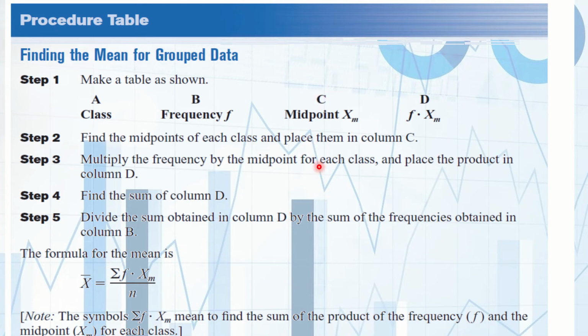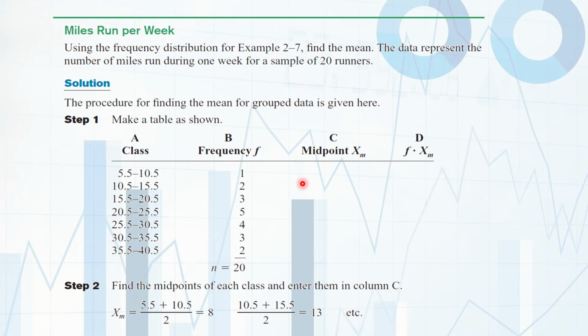The midpoint is found as (upper limit plus lower limit) divided by 2, or (upper boundary plus lower boundary) divided by 2. Then you multiply the midpoints with the corresponding frequencies, add them, and divide by the sum of the frequencies.